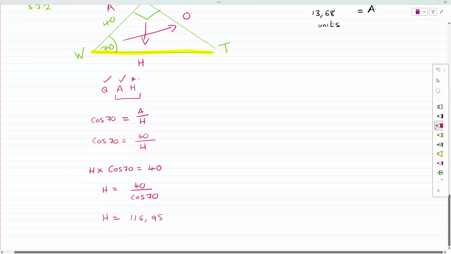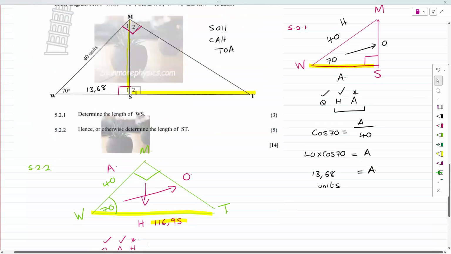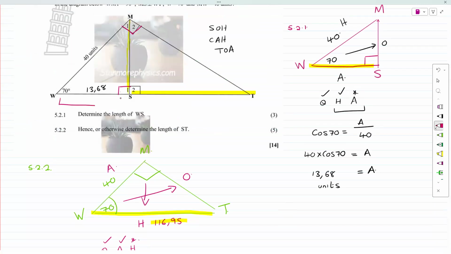I rounded off correctly. Now we got this entire side is 116.95. That's the hypotenuse. So guys, I want you to understand in terms of this triangle, this entire side is 116.95. Let me write it underneath.